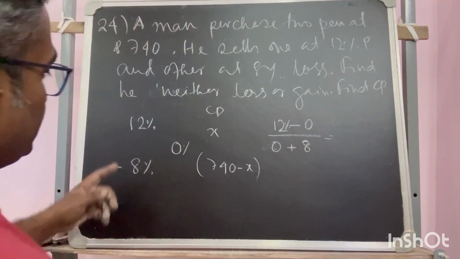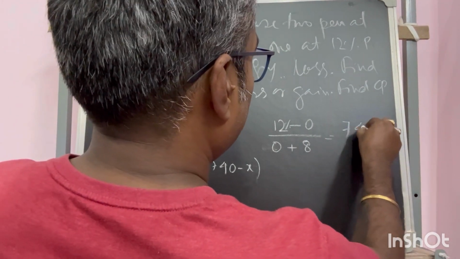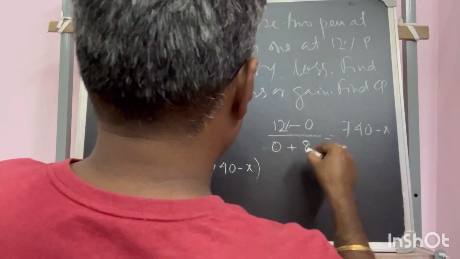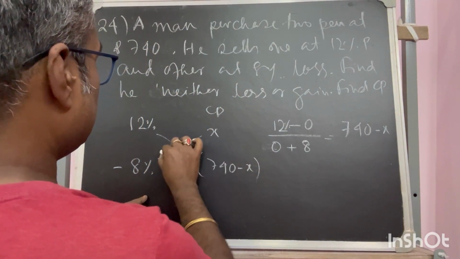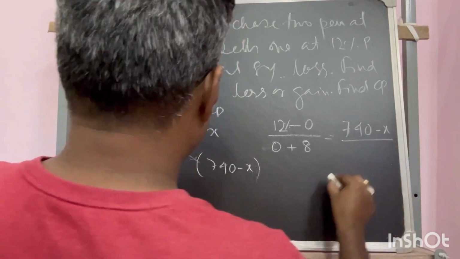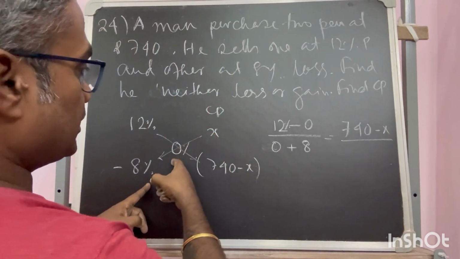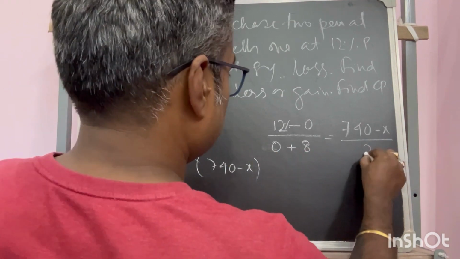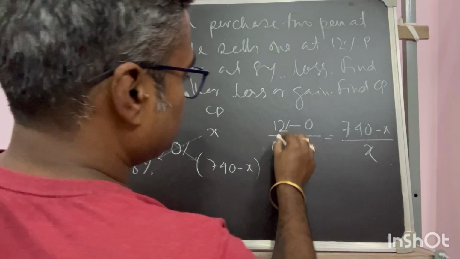If we make a ratio, this will come at the top and this accordingly, because diagonally these are the things coming in the row. So now it is 12 by 8.